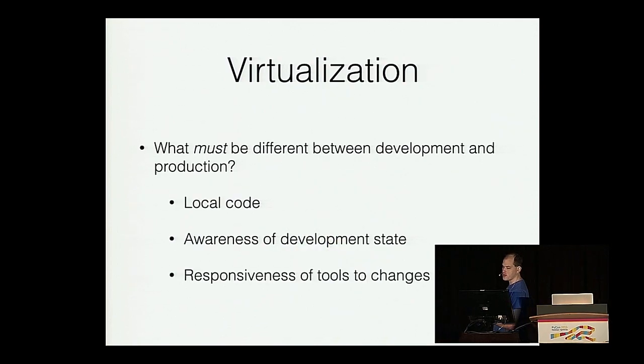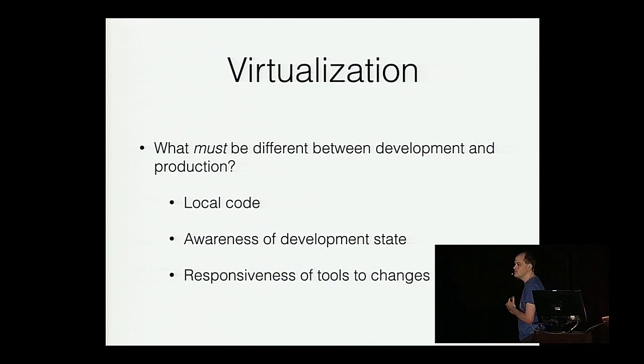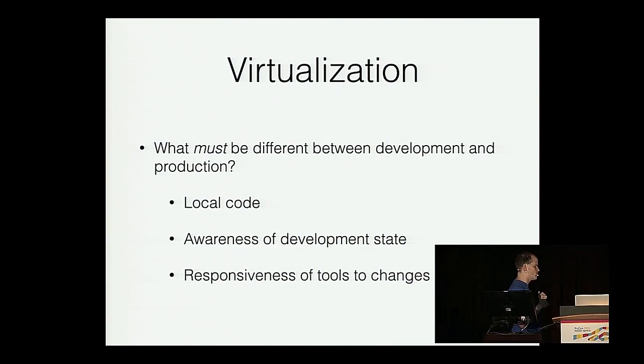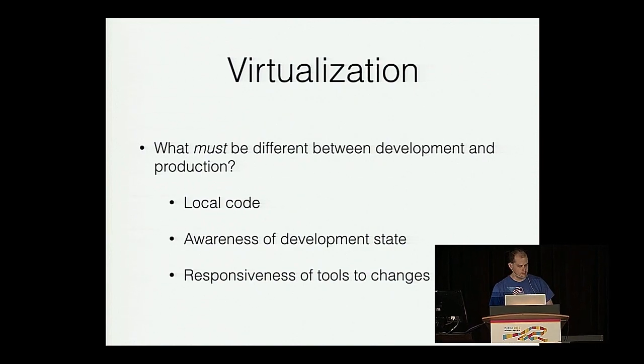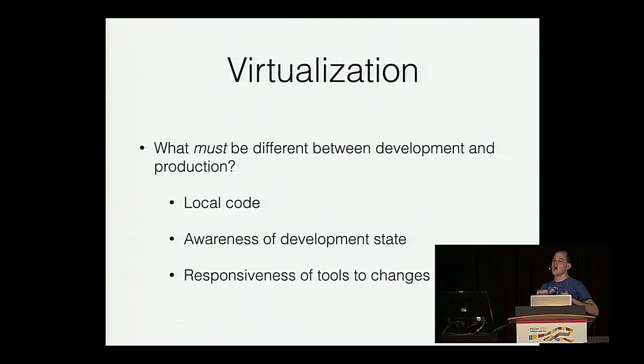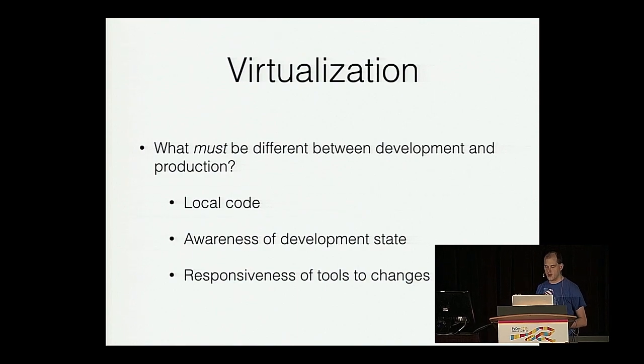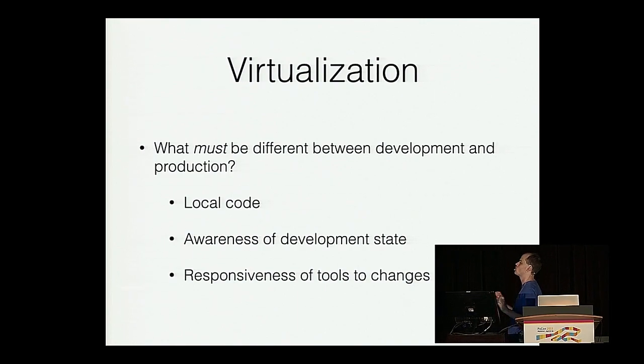Really, at least 3. 1, you need to be able to code locally. Because unless you are very loose about what your personal preferential environment looks like, you probably are very picky about having all your macros set up in a particular way, all that kind of stuff. And so you need to be able to work locally.